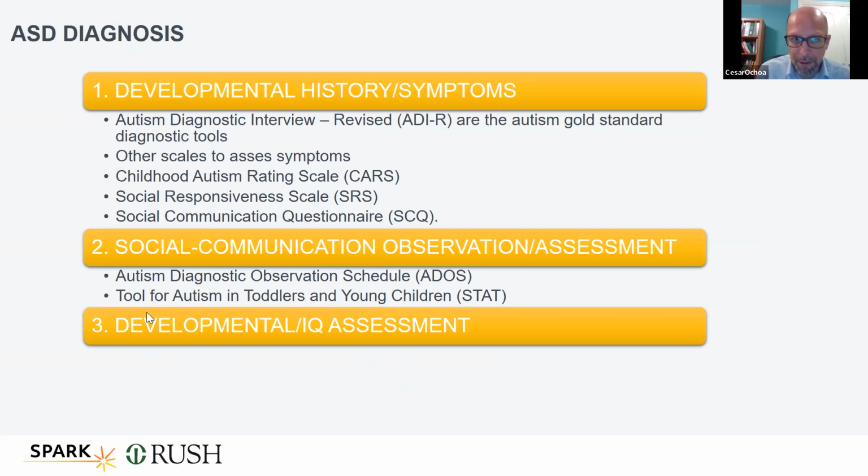Just a few words about the diagnosis of autism. Ideally, when we do the diagnosis of autism, we want to get a solid history of the developmental trajectory of patients and the symptoms of autism. And so there are these different tools that you can use to obtain the history.